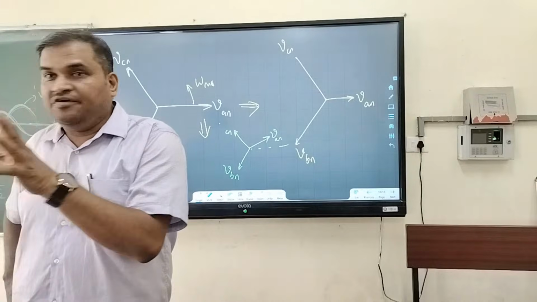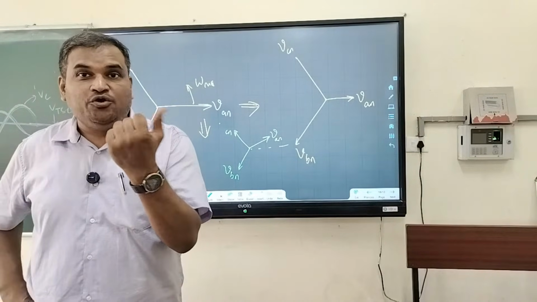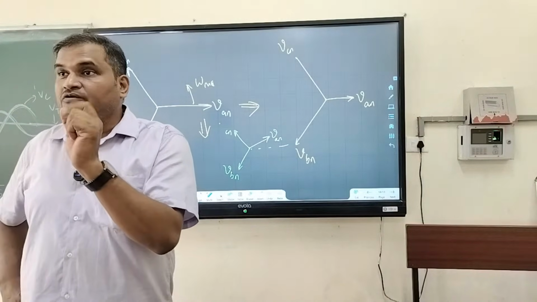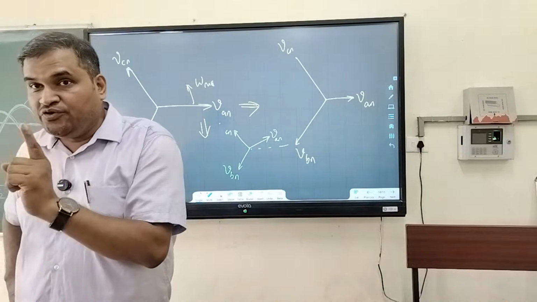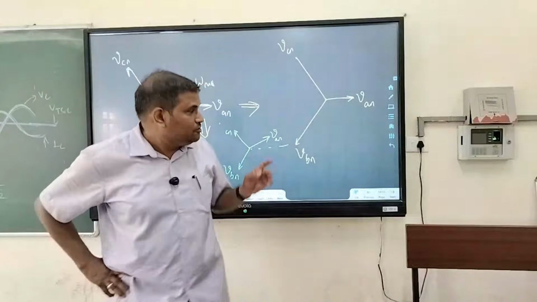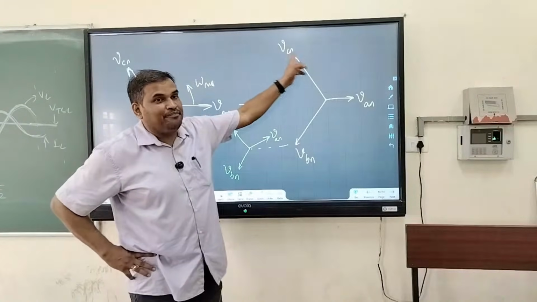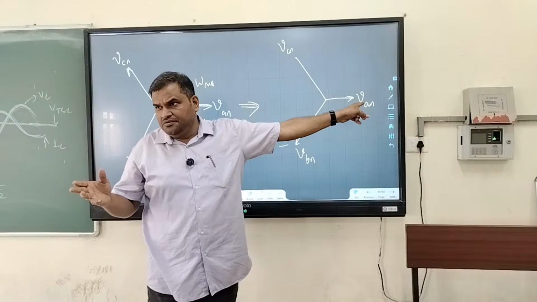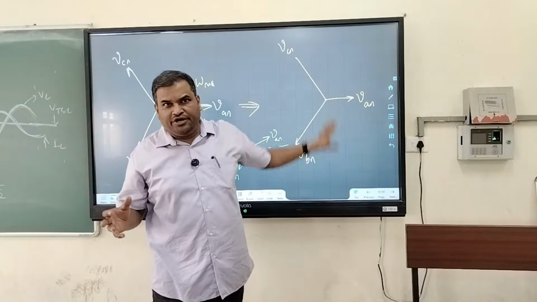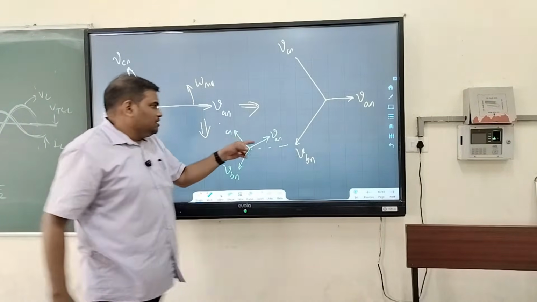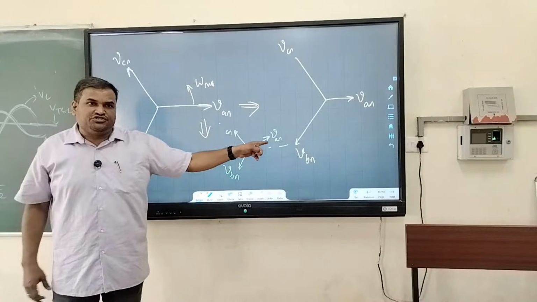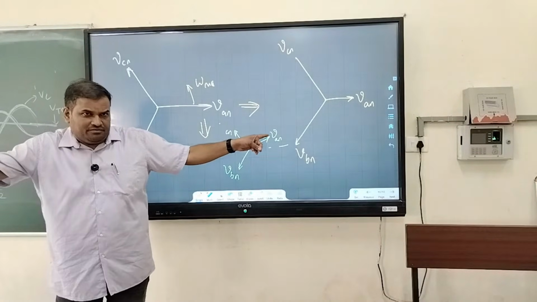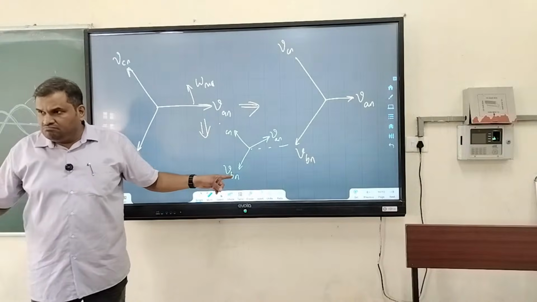That is why, in the power quality video, one numerical is given where the magnitude is given in per unit quantity as 1 pu. So this is 1 pu, this is 1 pu, and this is 0.5 pu, and all are at 0 degrees. Here all are 1, but this one is not 0; it is 1 angle 30 degrees.